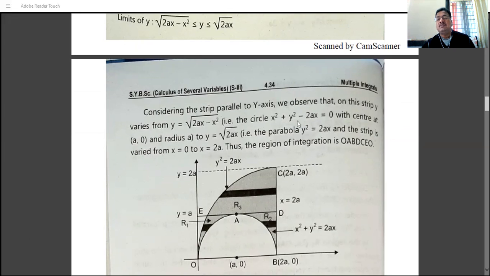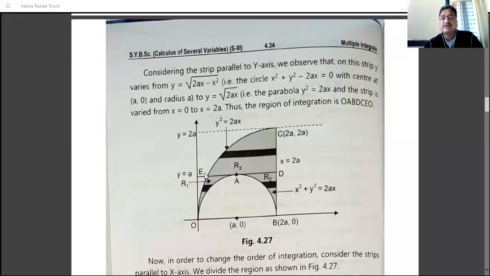And what is the formula for the center? It is minus g, minus f. So minus g is already minus a, so plus a, 0, as f is 0. And the radius is root of g square plus f square minus c, that is a square minus 0 minus 0, so a is the radius. So this is the equation of a circle with center (a,0) and radius a.